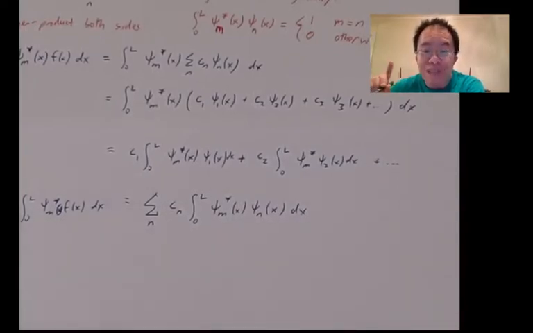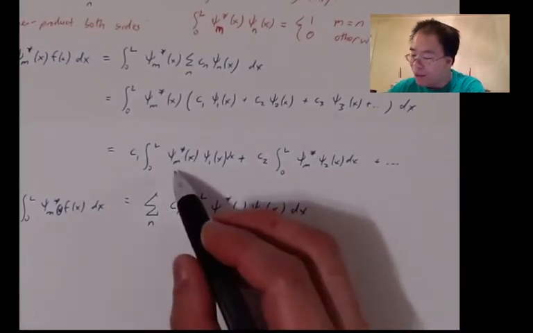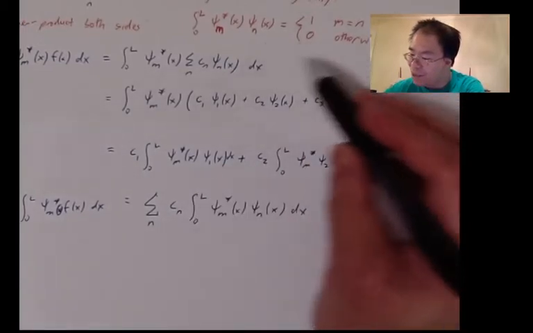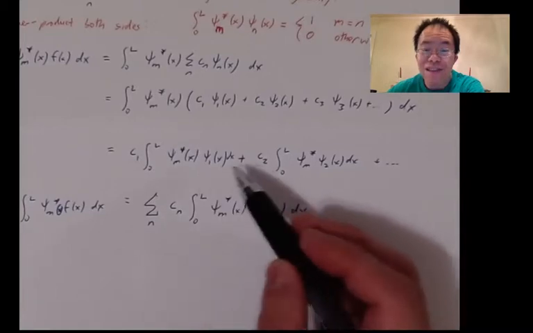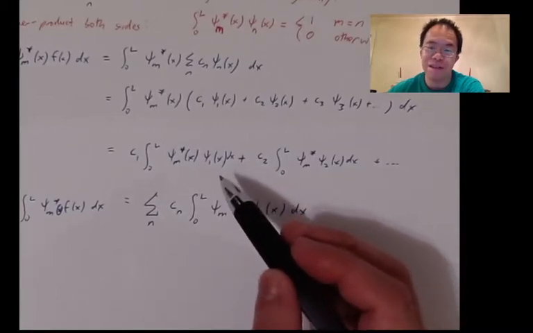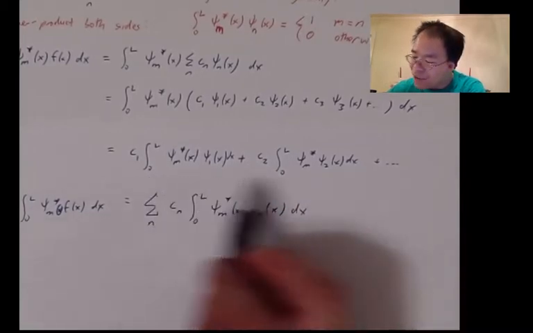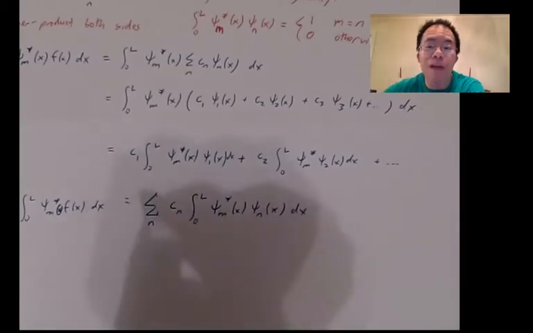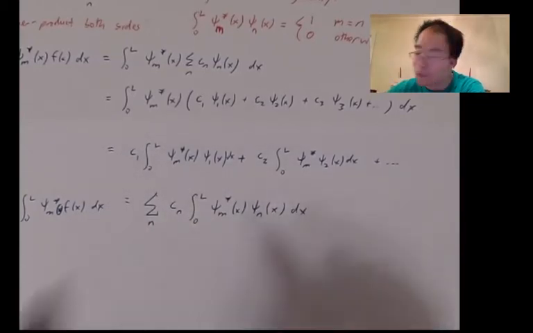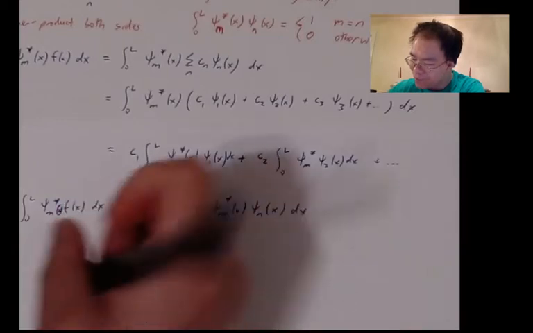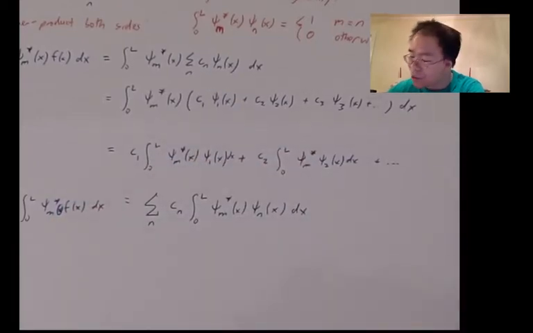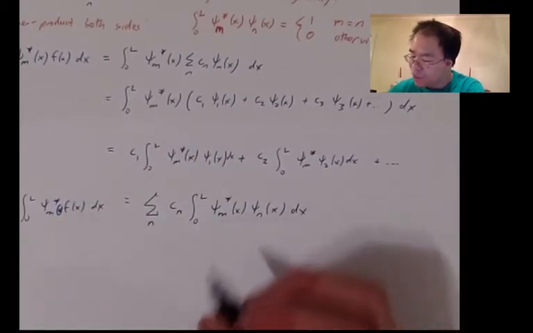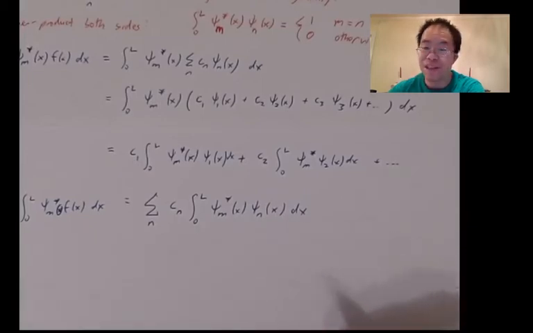But if m isn't equal to 1, by orthogonality, this integral vanishes. In fact, out of this entire sum, there's only one term that's not going to vanish. So the only surviving term is the term for which m equals n.